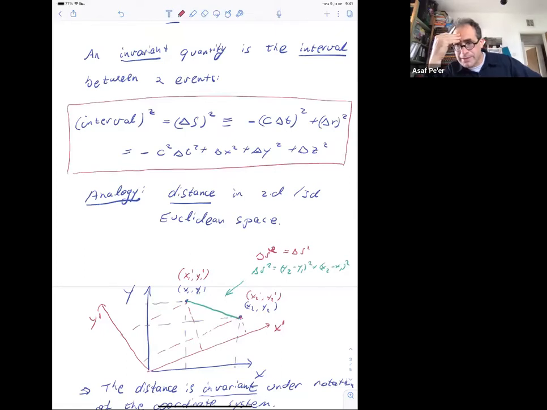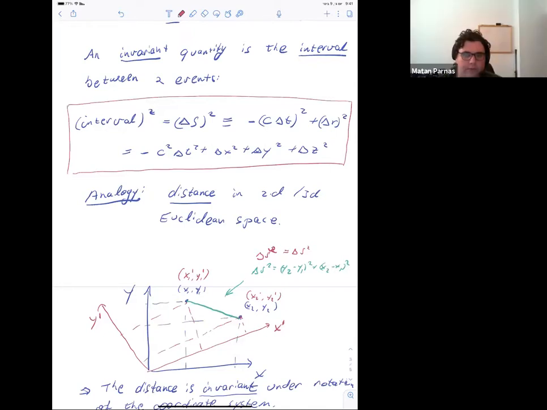Again, delta x is the spatial difference between two events. I'm looking at events. Any event took place at a certain time, at a certain place. And as we said, two observers will not necessarily agree on the location in which each event took place, and will not necessarily agree on the time in which each event took place, but they will agree on the interval between two events.